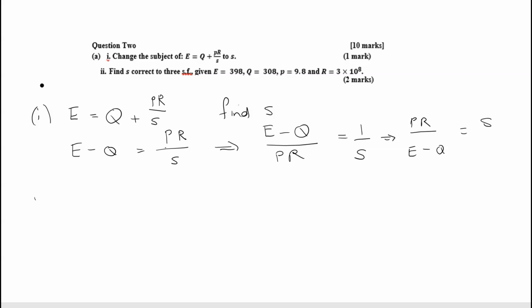The second part requires you to put the numbers in, and that's just subbing them in, knowing what the numbers are. So P is 9.8, R is 3 times 10 to the power of 8, E is 398, and Q is 308. Now, some of you got that far, which gave you a mark, but then somehow managed to get the next bit wrong.